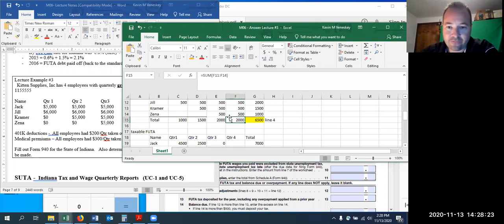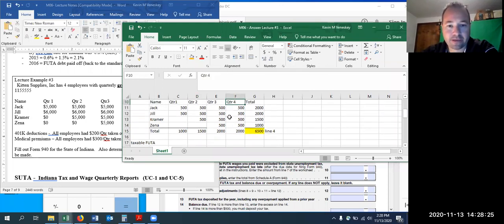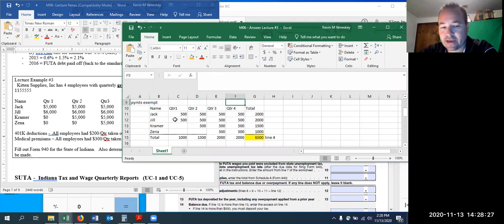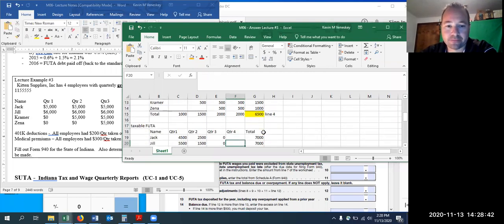Okay, so let's see if you set it up like how I did. This is what I had for the payments exempt. Jack, he worked every quarter, so he had 500 every quarter. Same with Jill. Kramer and Zena, well, they had 500 for when they worked. Now we come down and I took their gross wage minus how much was taken out of their check.